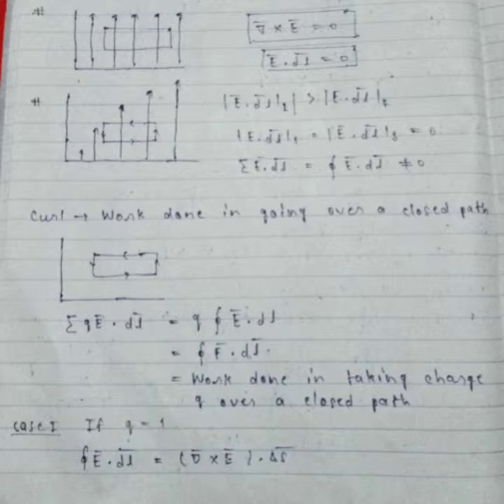You will notice that E dot dl over this will give me one value which will be exactly opposite of its value over this path. So going this way, I'll get one value which is exactly opposite of something going this way. The net result is that E dot dl in this case is 0.